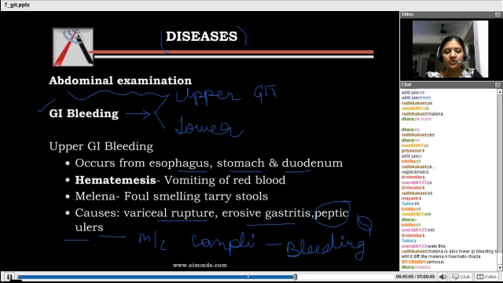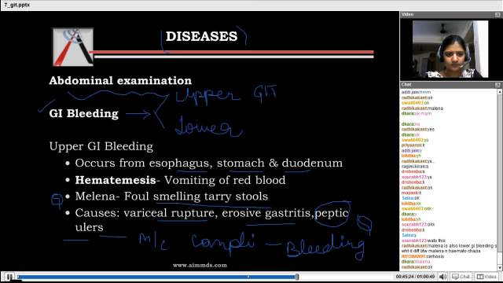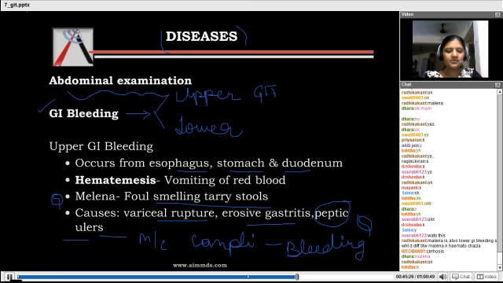Melena is foul-smelling, tarry stools. When you have fresh blood passing out through stools, we call it hematochezia. It's fresh blood through the anus.